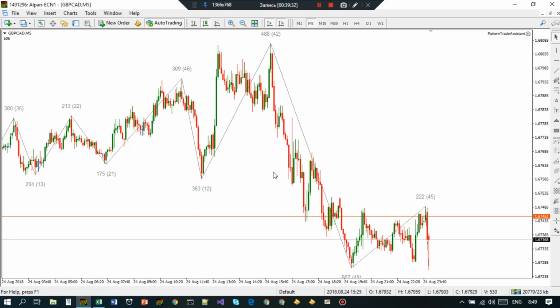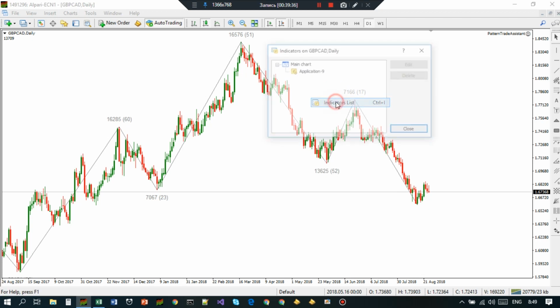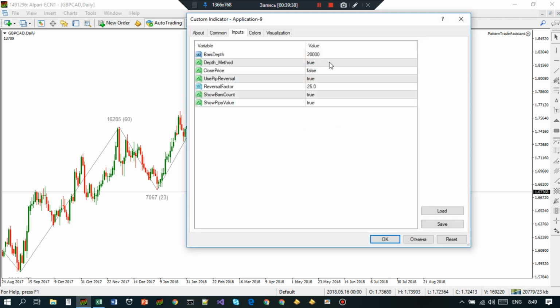Okay, 600 pips for daily. We'll switch it to daily. We now go to set the indicator, and we'll disable this depth method, and we'll use pips reversal, and this time we use 600 pips. So how do we type the 600?